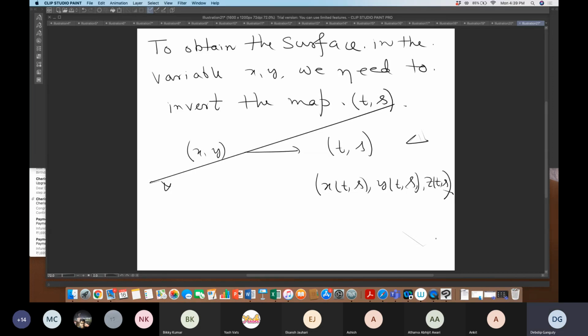Now we want to find u of x,y, not in terms of s,t. So we want to invert the map x,y to s,t. Same thing as what we did in the example.